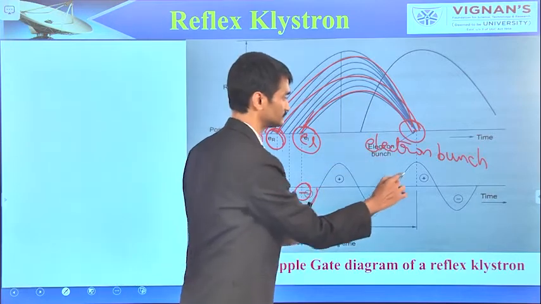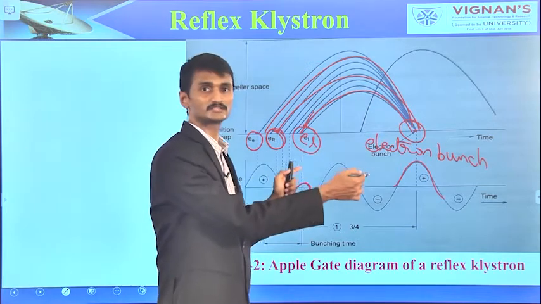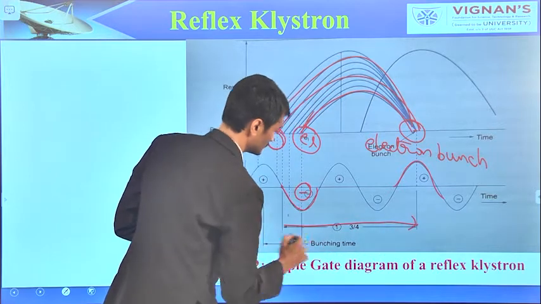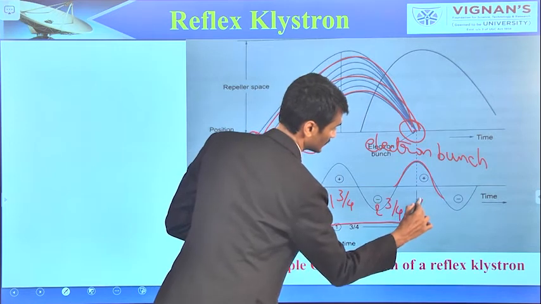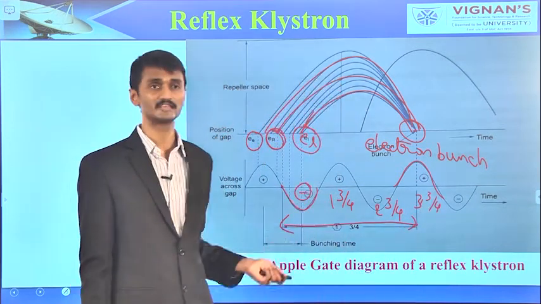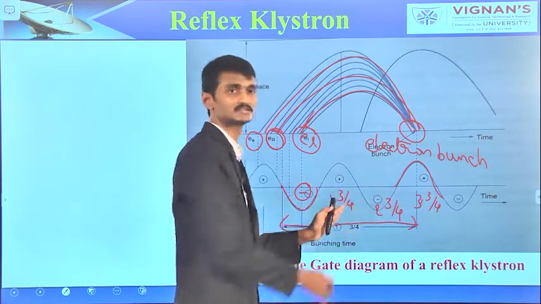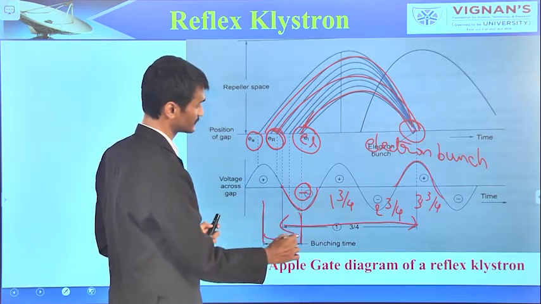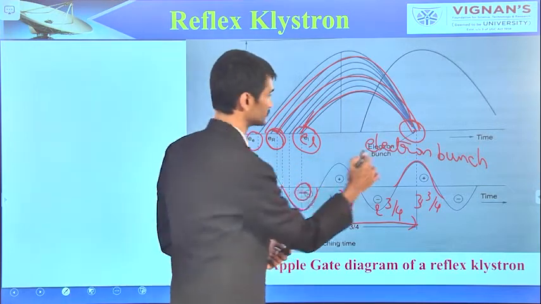So the electrons return after every 1 3/4, 2 3/4 or 3 3/4 cycles, etc. Right. So here it is the bunching time. This is the bunching time, so the electron bunch will be formed here, right.